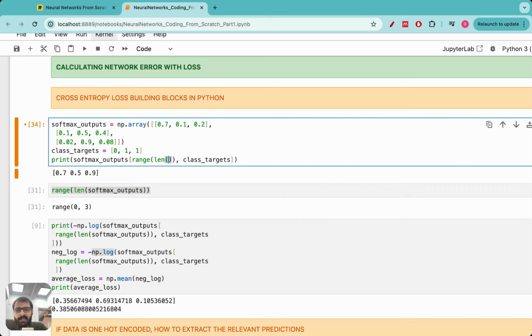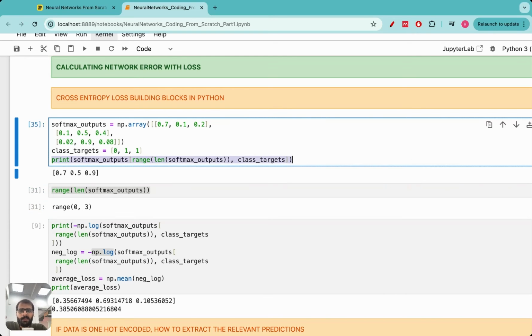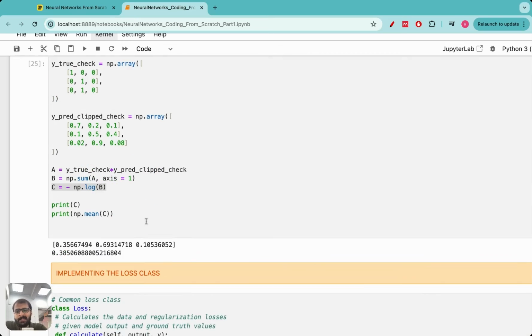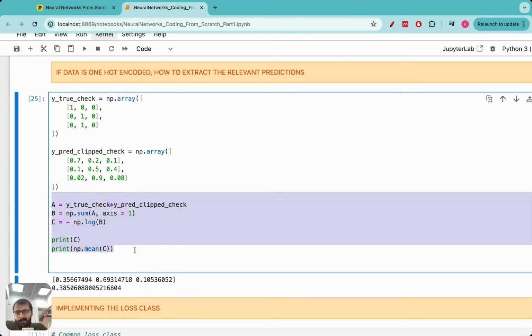And what is 3? It is the length of this output. So every data has 3 elements, right? So this can just be written like this. So depending on the shape of the labels, you can either use the clever indexing, or you can use the element wise multiplication, then axis summation, and then taking the log.